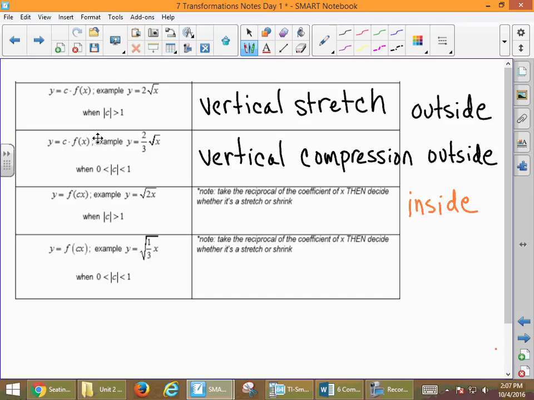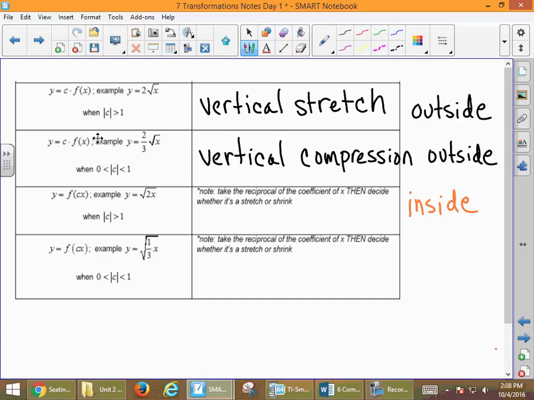And to figure out what happens here, it says take the reciprocal of the coefficient. So for instance, if we took the reciprocal of 2, we would end up with 1/2. And then decide whether it's a stretch or a shrink. I wasn't as good with the compression idea there.